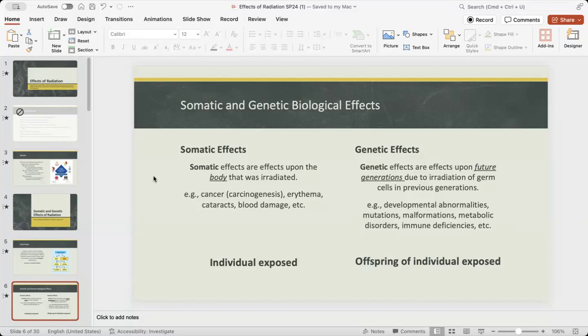What this is, is that it may have some type of damage in the future due to the type of cells that were irradiated. So those genetic effects down the line may be developmental abnormalities, specific types of mutations, malformations, metabolic disorders, and immune deficiencies that could potentially come from the exposure.